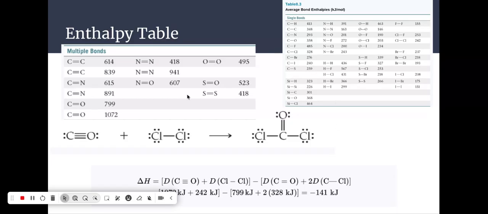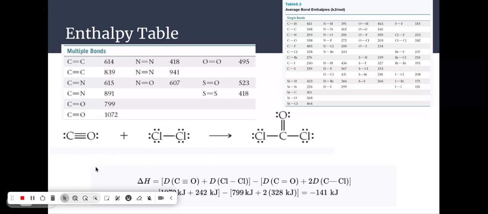A way that makes these problems easier is, if you have the same bonds on this side and on this side, then you can cross them out and you don't have to put them in your equation.